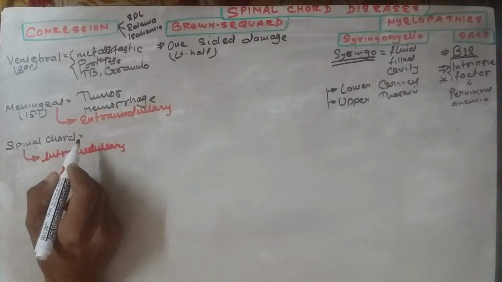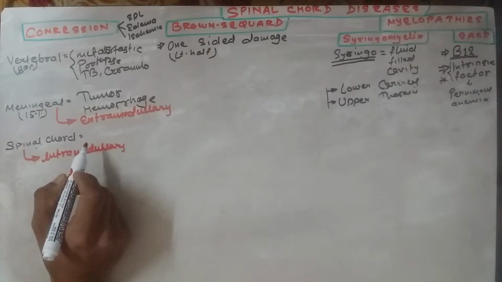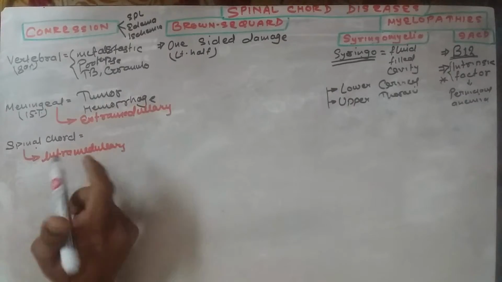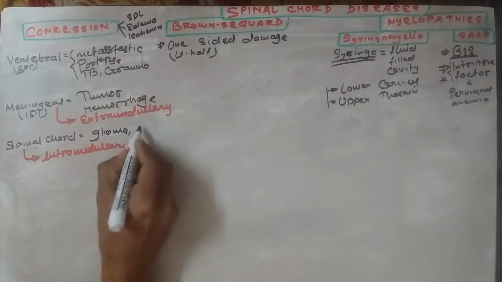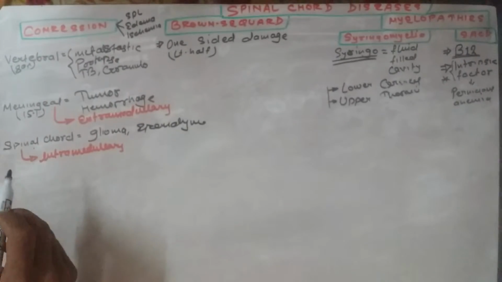So some of the spinal cord abnormalities will be meningioma, neurofibroma, or ependymoma or glioma. So these are the spinal cord abnormalities.